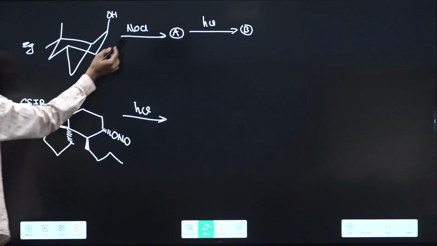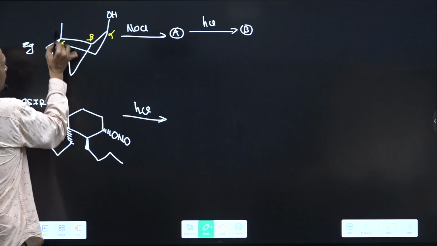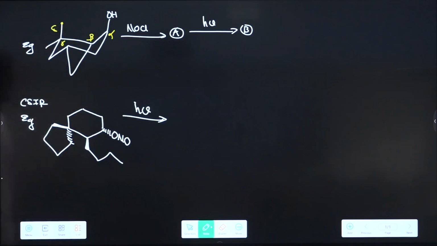This is alpha after nitrization: alpha, beta, gamma, delta. Use this carbon. Every time fourth carbon hydrogen is required.